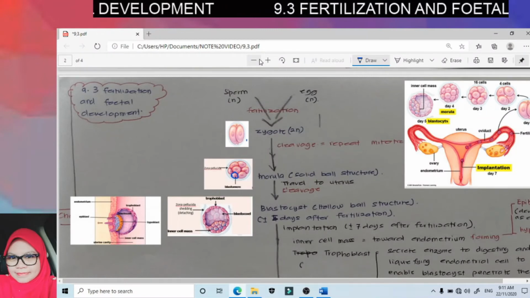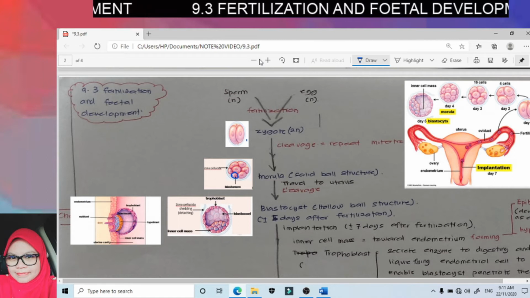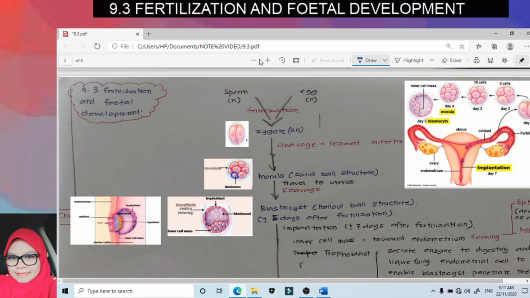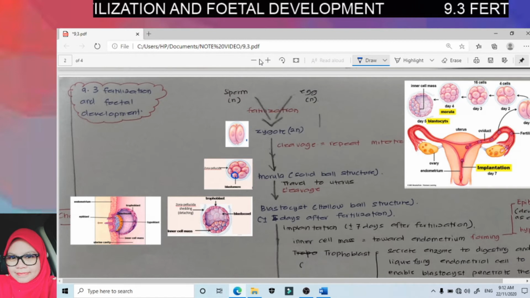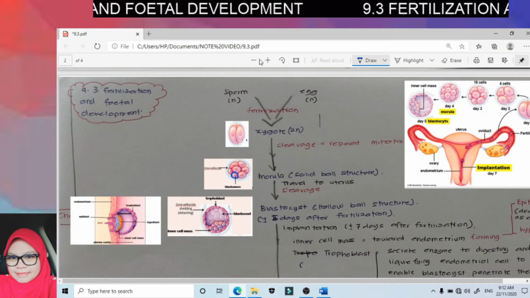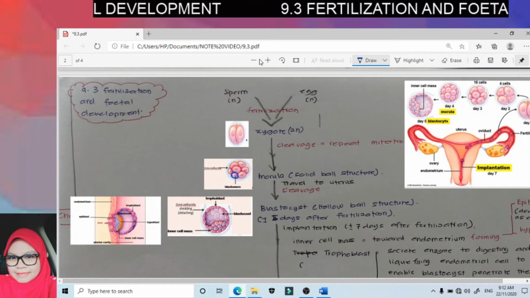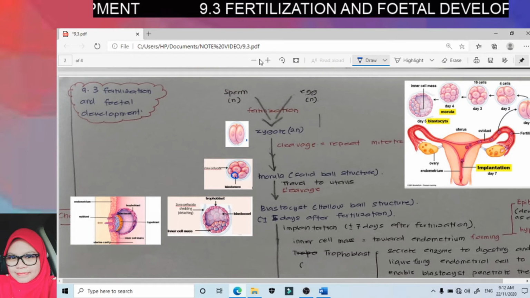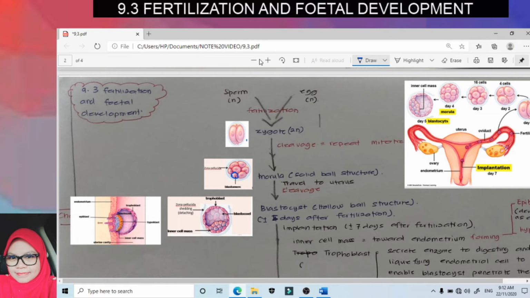Alright, since we know the sperm is haploid and the egg is fertilized, they form a diploid zygote. This zygote undergoes repeated mitotic division, which is called cleavage. Okay, so from 2 cells become 4, 4 become 8, 8 become 16, and finally it forms a solid ball structure like this, called the morula.